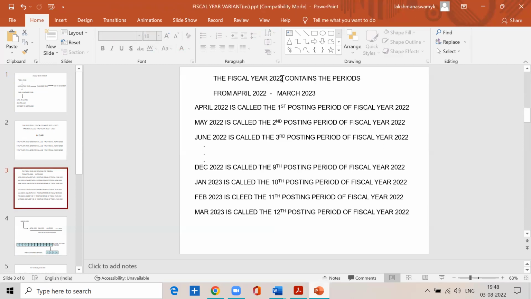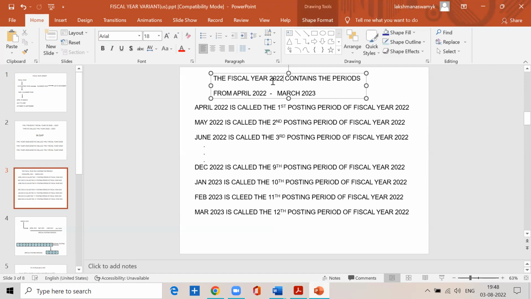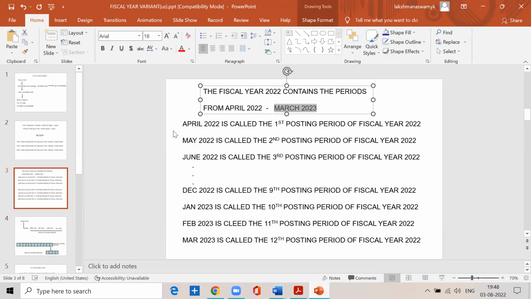Then in India, the current fiscal year is 2022. So it contains the periods starting from April 2022 and ends with March 2023. So in that case, normally we call as month, but in SAP, every month is represented as posting period, right?